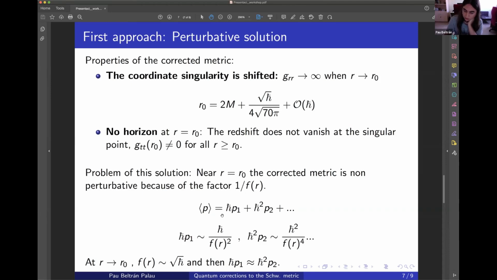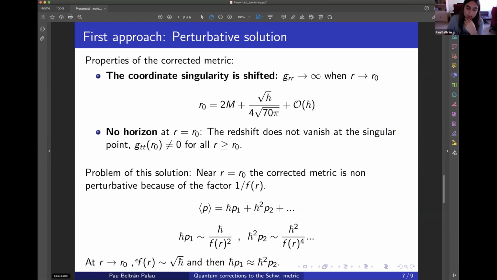For example, the pressure. If we assume that the pressure behaves as a first-order term plus a second-order term, and we find these terms perturbatively, we find that the first-order term behaves as h bar over f squared, as I showed before, and the second one behaves as h bar squared over f to the fourth.